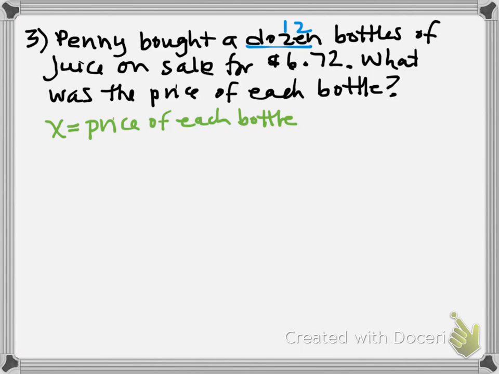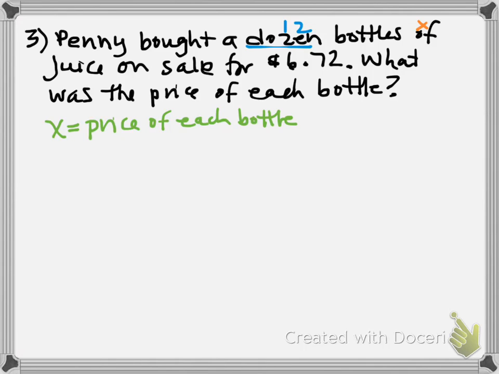What math do you think is happening in this problem? What operation is occurring? Okay, Kyler? Not division. That's what we might use to solve, but that's not what it talks about. We've got the word of, and that's going to tell us to multiply. And we're going to multiply by the price of one bottle, which is our X. And what would be the phrase that tells us equals?